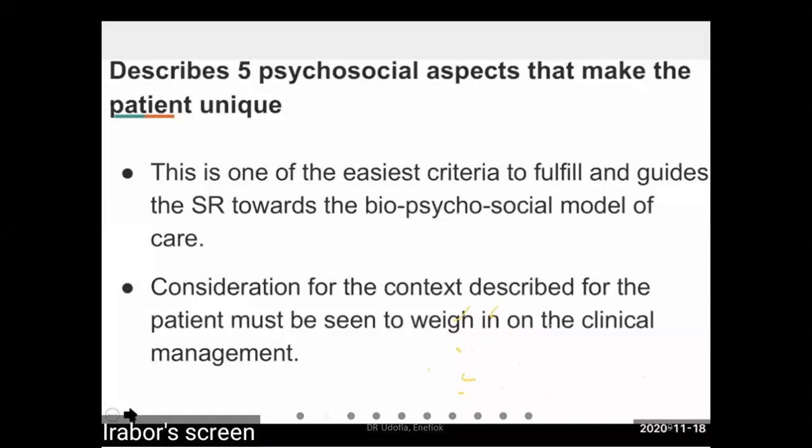And whatever patient you present, this must show, and consideration for the context described for the patient must be seen to weigh in the clinical management. The way you are going to manage this person will depend on what you have found out, not necessarily the disease. What you have found out in the illness, what you have found out in the social aspects of this patient.